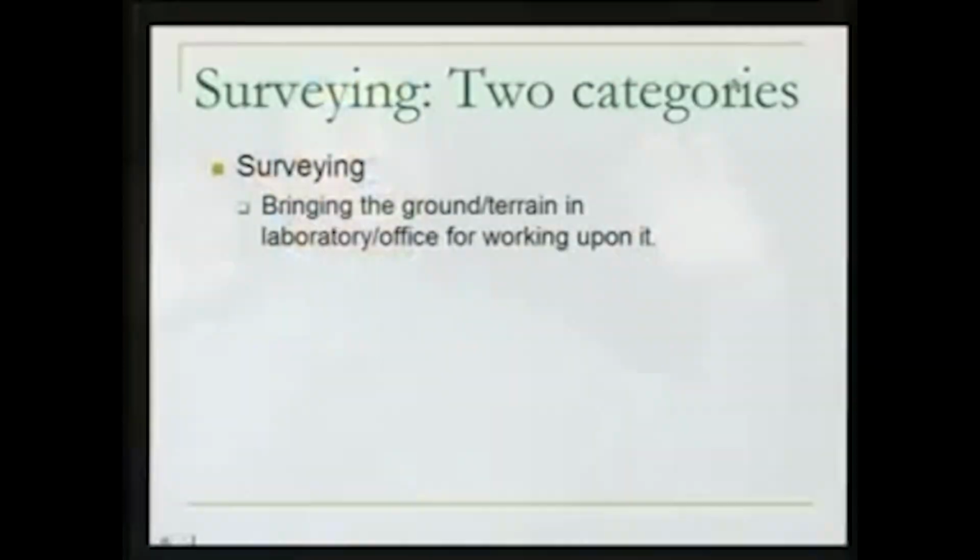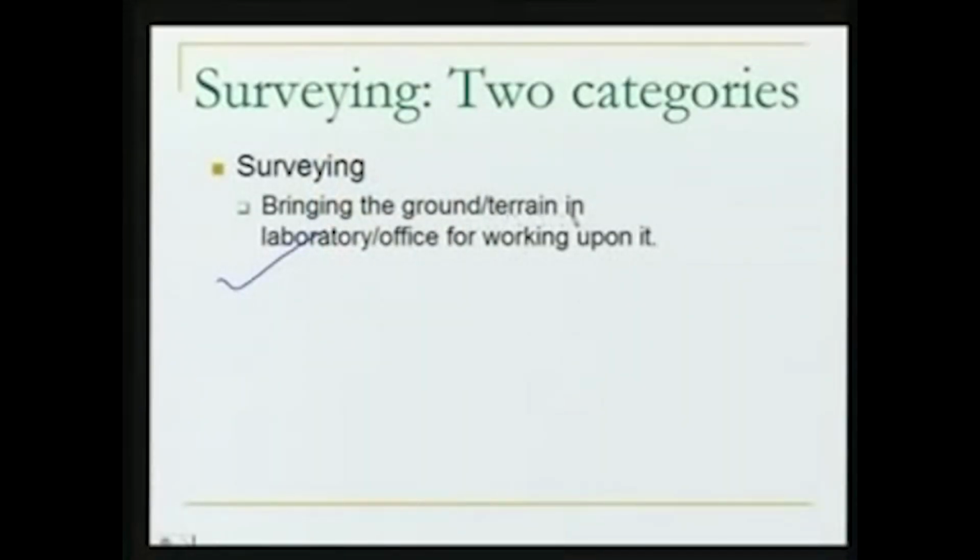Now I would like to be very specific. We say surveying is of two types, or we can categorize surveying in two categories. Number one is surveying itself. If you think of all the projects, in the case of the town planning, what we did, we went to the ground first, we made a map of the ground, isn't it?